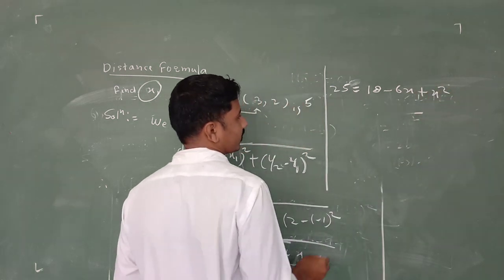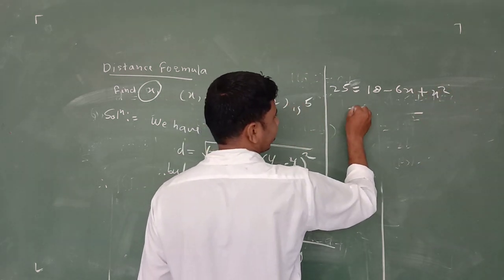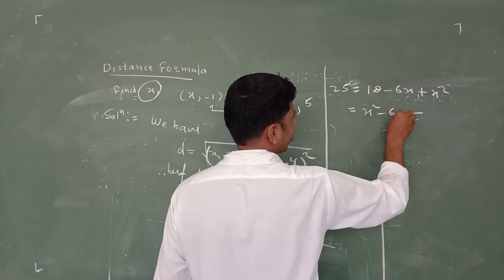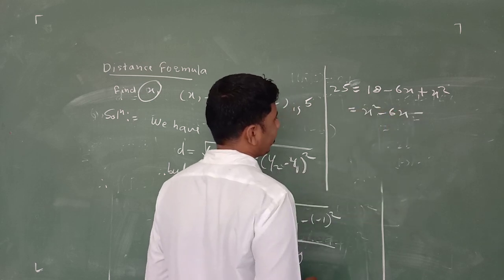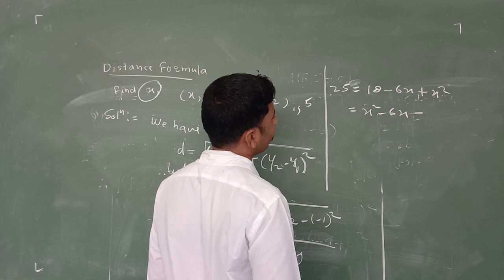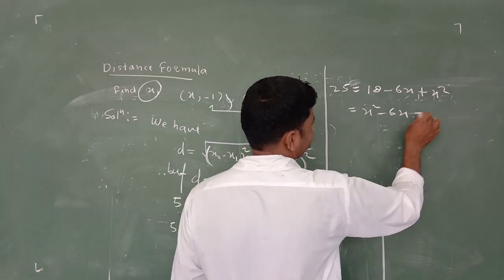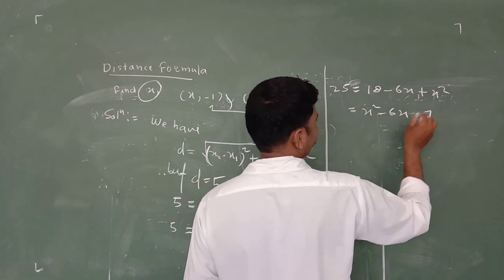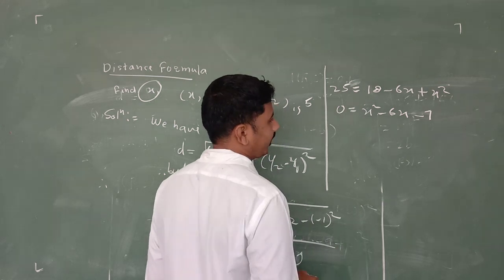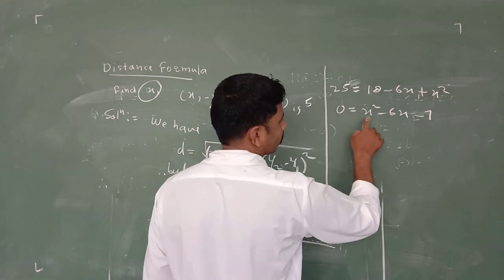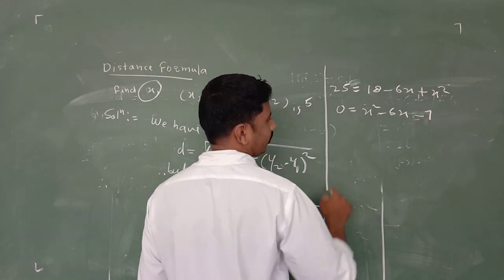So 25 goes to the other side: x square minus 6x plus 18 minus 25, minus 7, is equal to 0. Solve this quadratic equation. The multiplication is minus 7 and 1.